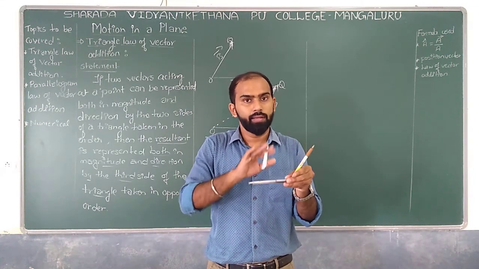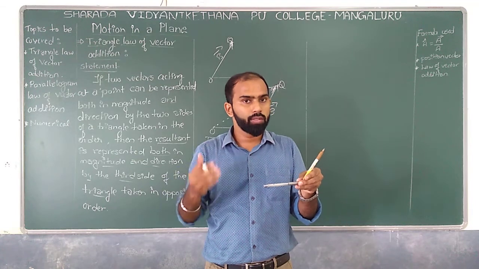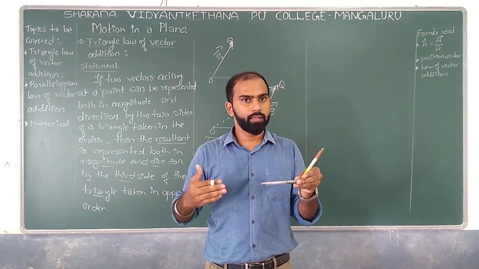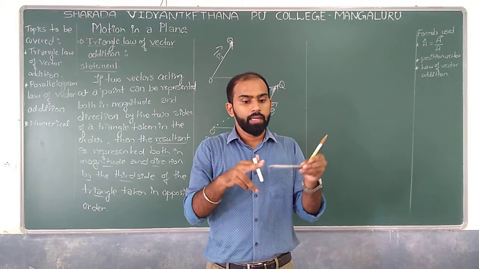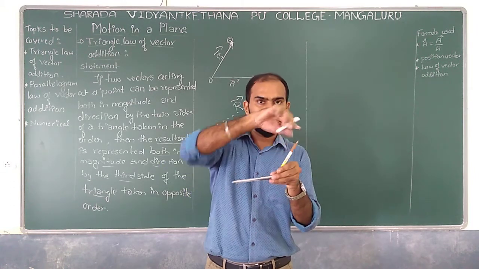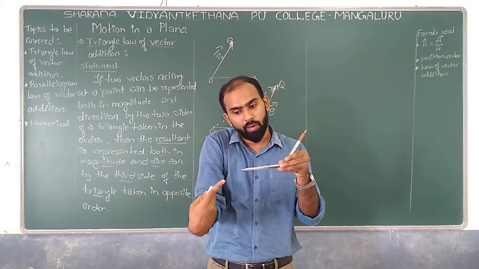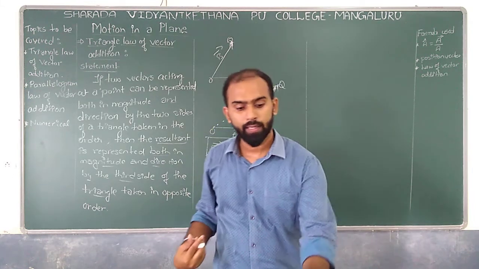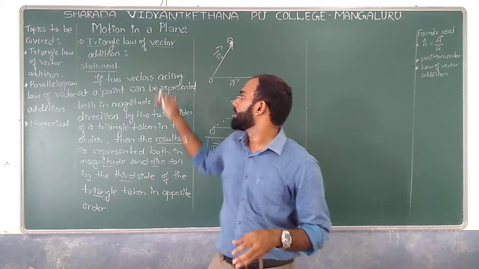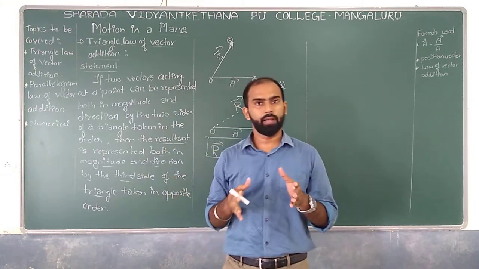Then how to take the resultant vector of any two vectors? How to draw the resultant? You can draw a vector from the tail of the first vector to the head of the second vector in this direction. You cannot go in this direction, it should go from here to here. And this gives the proof for your statement, which comes under the triangle law of vector addition.